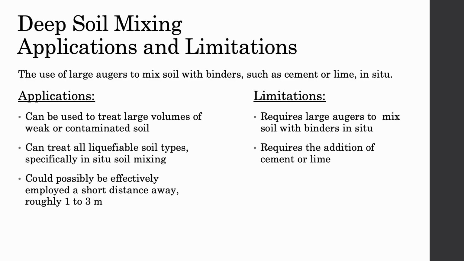Some applications of deep soil mixing are that it can be used to treat large volumes of weak or contaminated soils, that it can treat all liquefiable soil types, specifically in situ soil mixing, and that it could possibly be effective when employed a short distance away, roughly 1 to 3 meters. Some limitations of deep soil mixing are that it requires large augers to mix soil with binders in situ, as well as that it requires the addition of cement or lime.